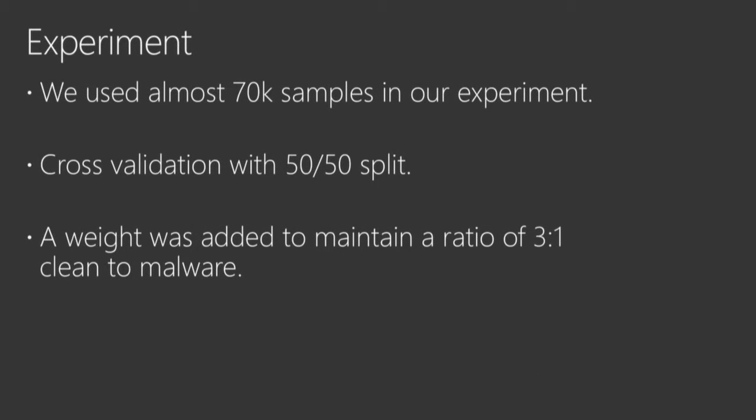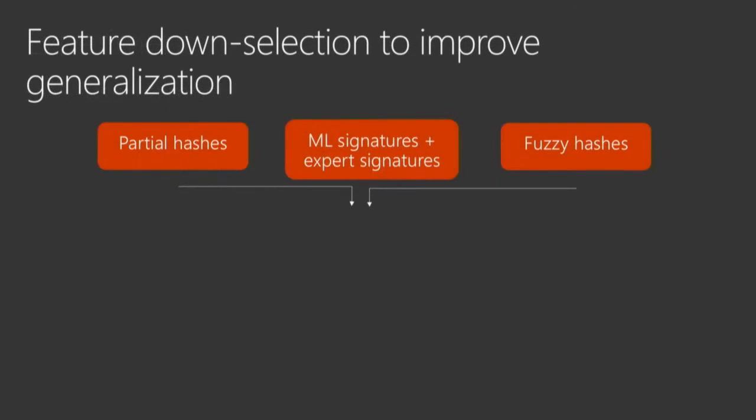For this experiment, we used around 70K samples, and we did cross-validation with a 50-50 split. We added a weight to maintain a ratio of 3:1 of clean to malware. We started off with a large number of features coming from three sources: the partial hashes and AML signatures, researcher signatures, and fuzzy hash.